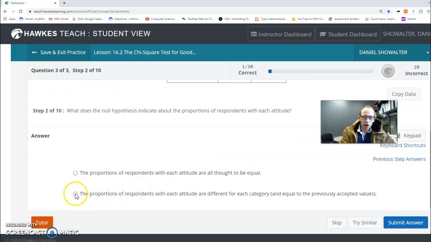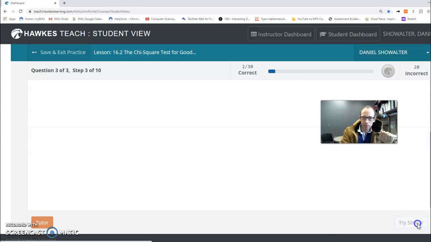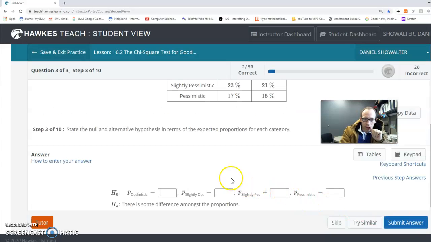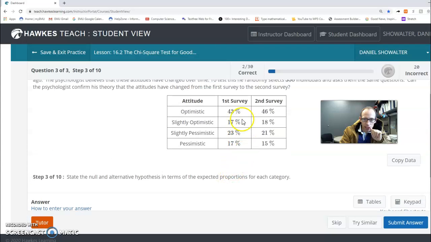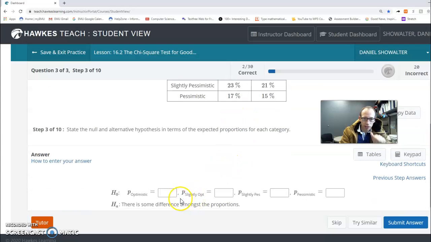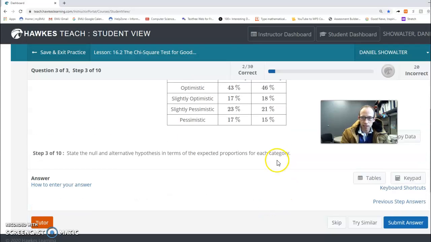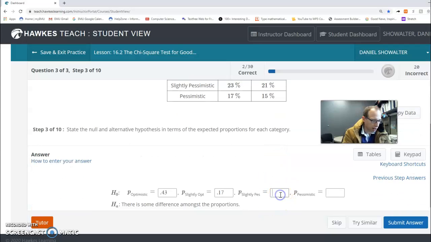In other words, are they the same as the previously given values? Like I said, we're just looking at the first survey for the null hypothesis. So if nothing has changed, then the second survey proportion should not be significantly different from these proportions right here.